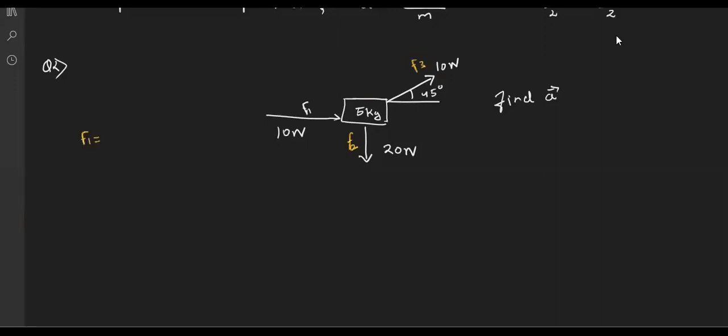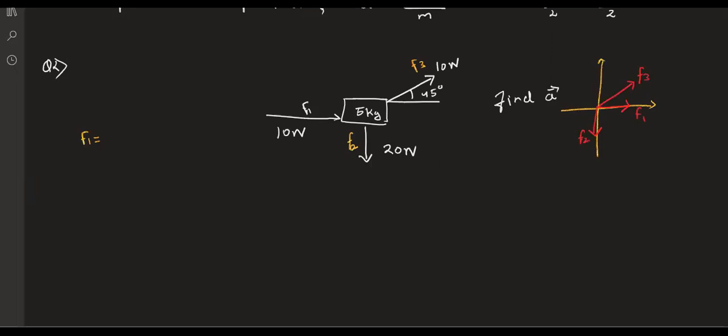You can also have another figure like this. This red one is F1, this is your F2, and this is your F3. As simple as that. Right everyone?